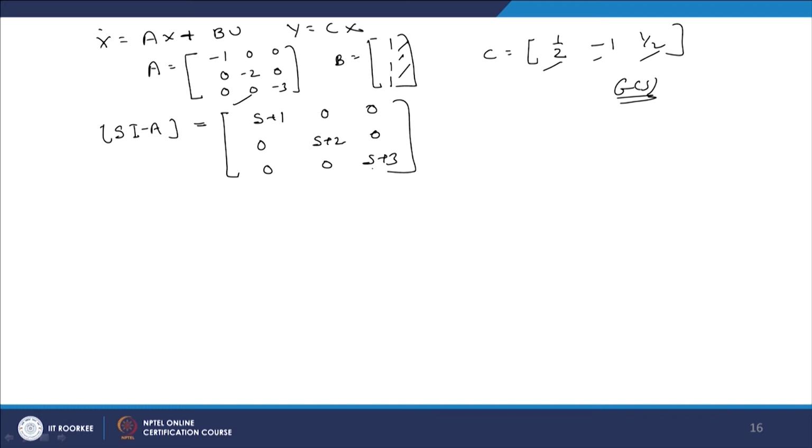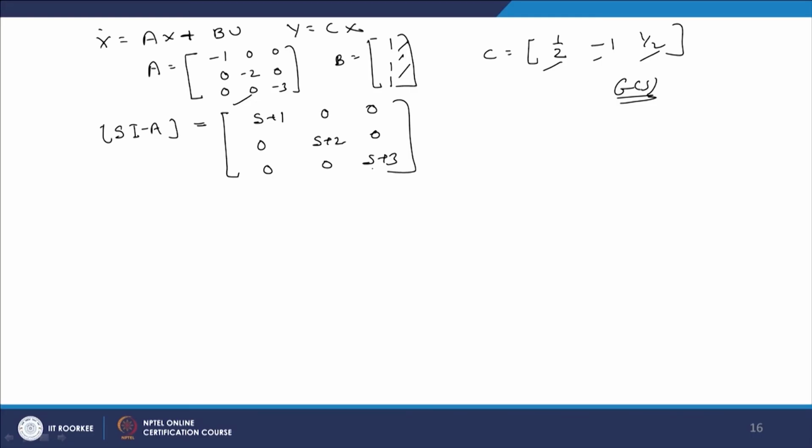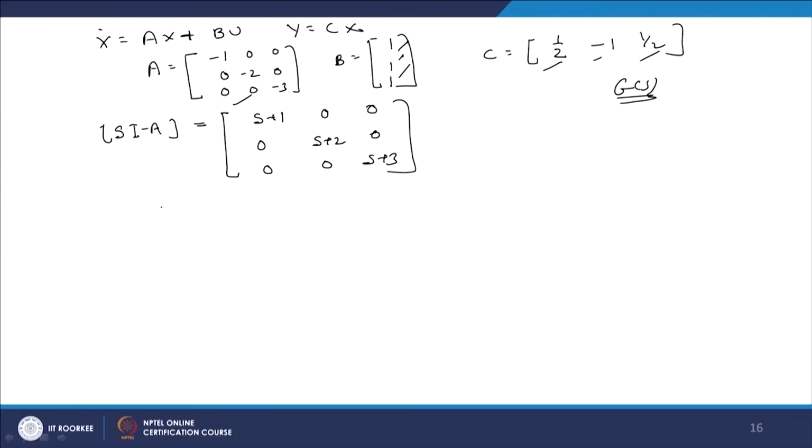We will find that most of the elements in this case are 0, and this particular model, which you have already seen last time, is in diagonal form, and therefore it is simply sI minus A. So, we have taken s plus 1, s plus 2, s plus 3. Now, we have to determine the adjoint of sI minus A. So, for the adjoint we require the cofactor of sI minus A.